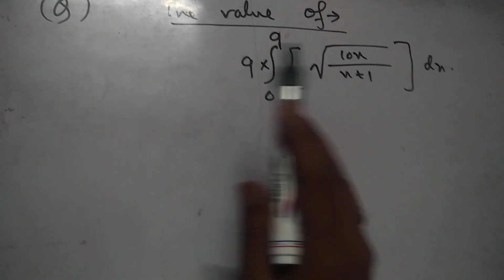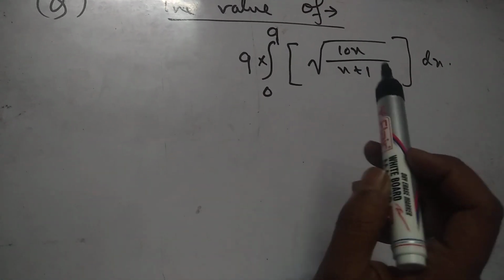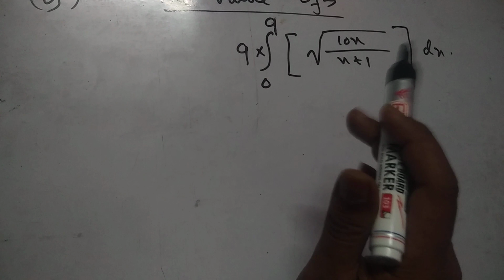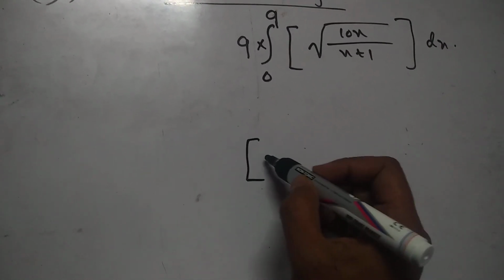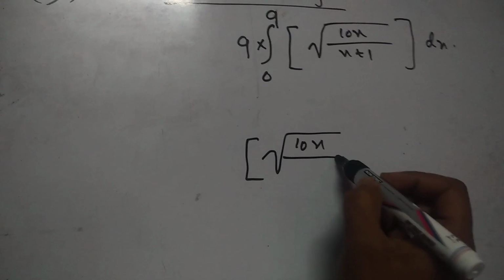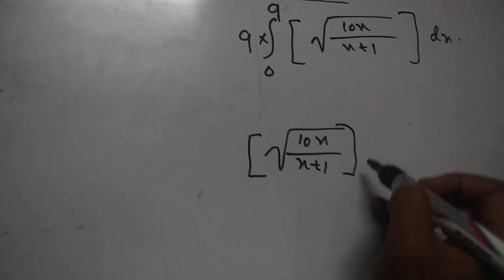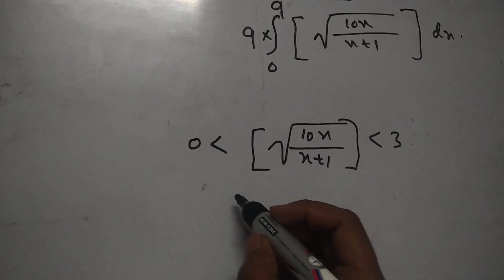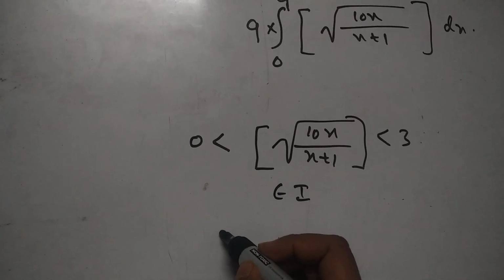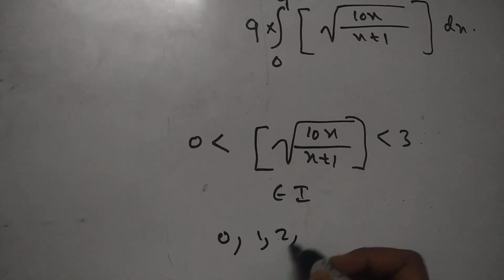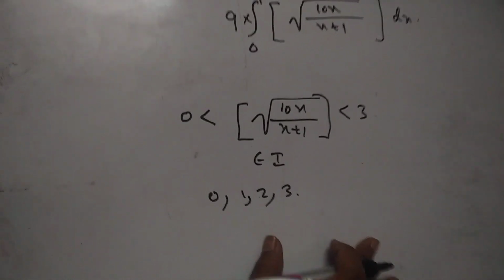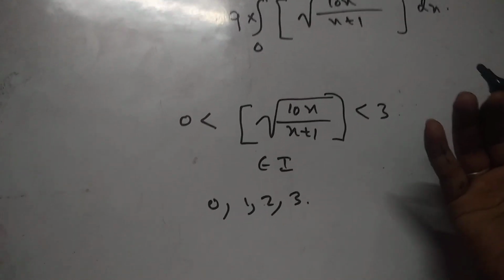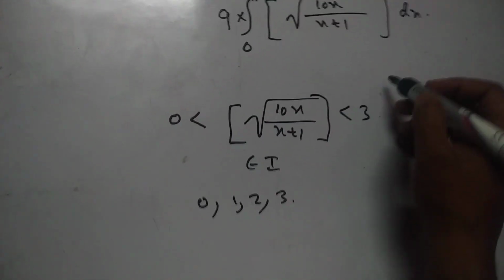And if you put 9, the maximum value of the interval, you get again 9, means box of root 9, which is 3. So you can say that this box of root 10x upon x plus 1 lies between 0 and 3, and since it is an integer, it takes the values 0, 1, 2 and 3, only 4 values.